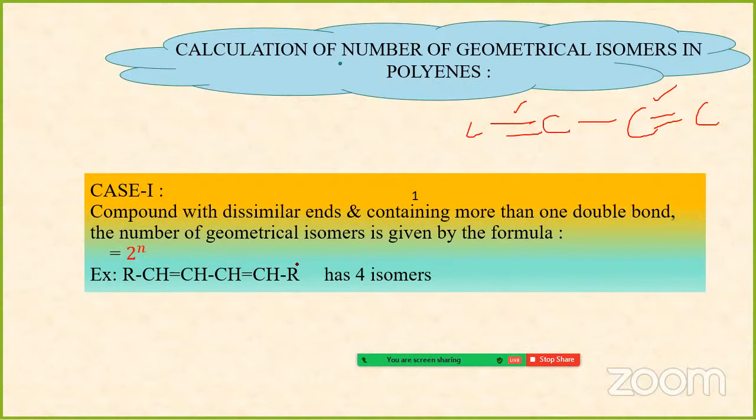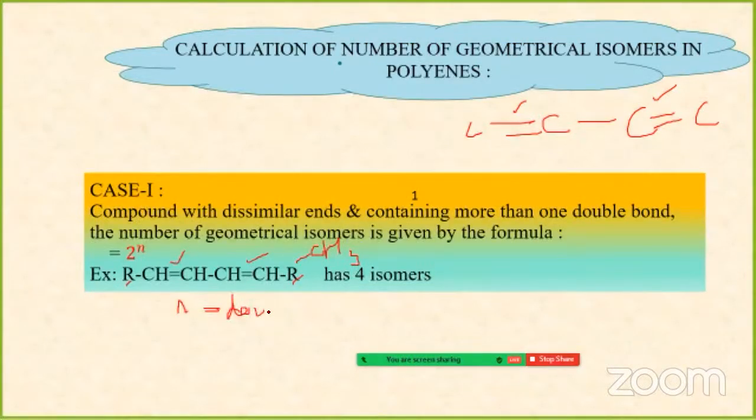This R is an alkyl group, it may be methyl, ethyl or propyl. These two alkyl groups may be different. Here n is the number of double bonds, and the number of double bonds gives the number of geometrical isomers.